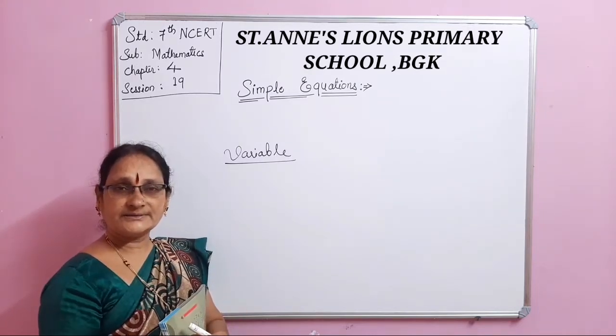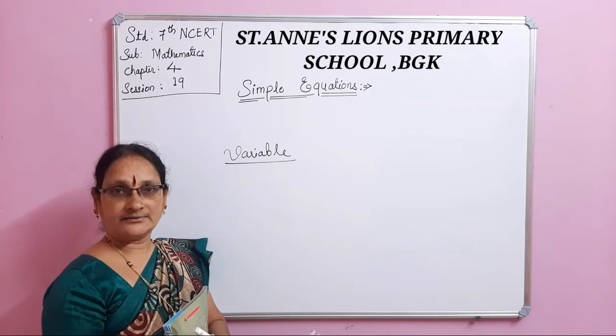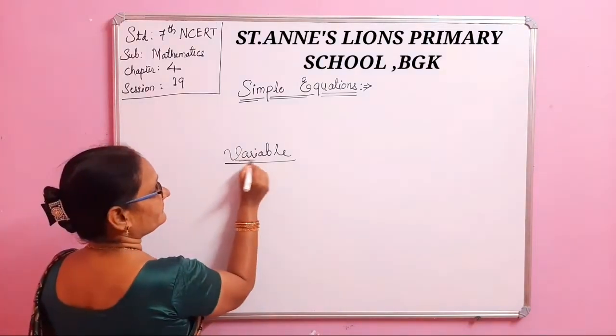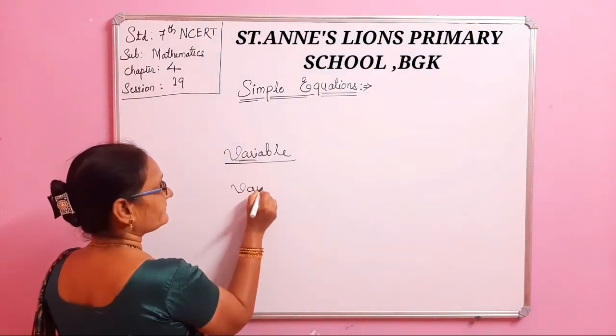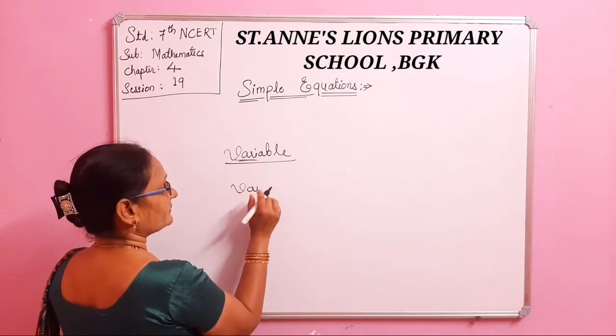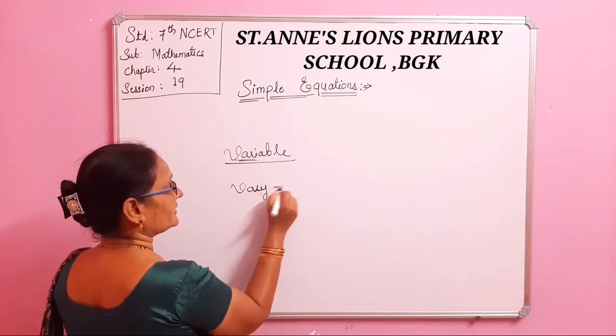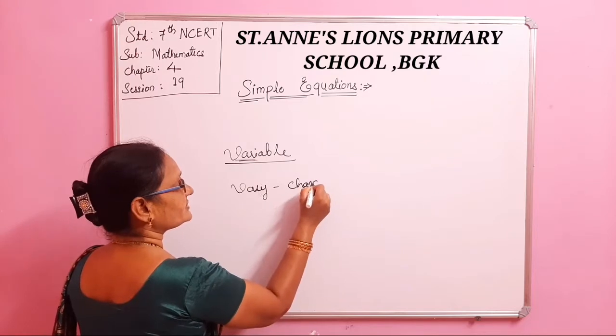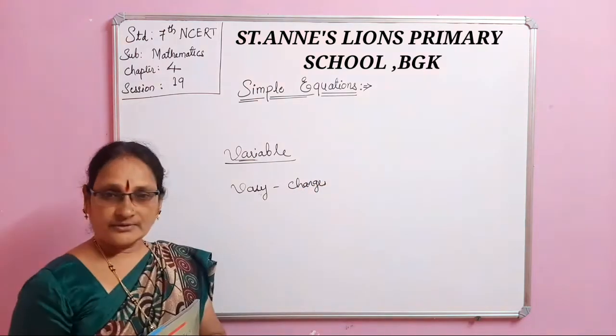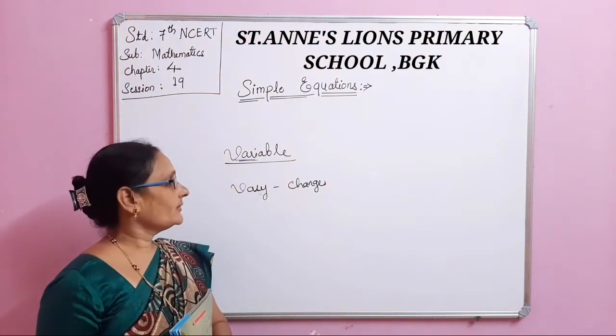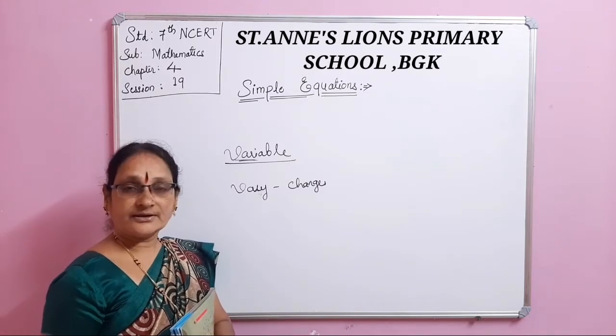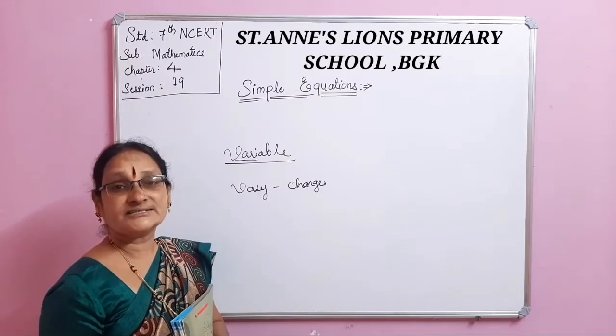In algebra, the main thing we are using is variables. What are these variables? The name itself, vary, V-A-R-Y, vary means change. Varies means changes. Okay. Variables. What changes here?